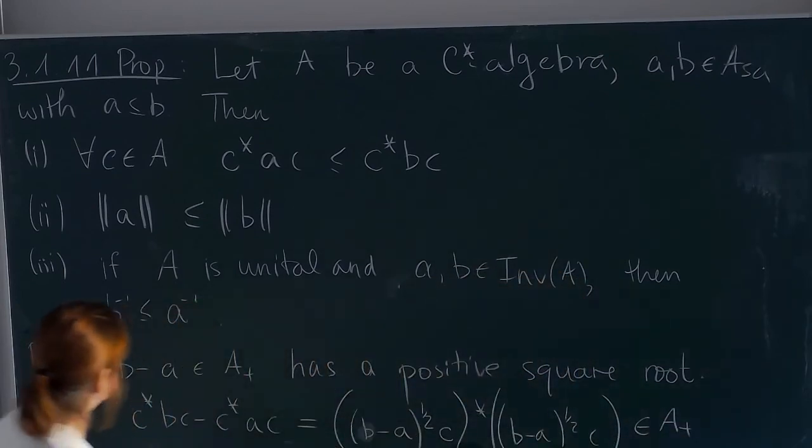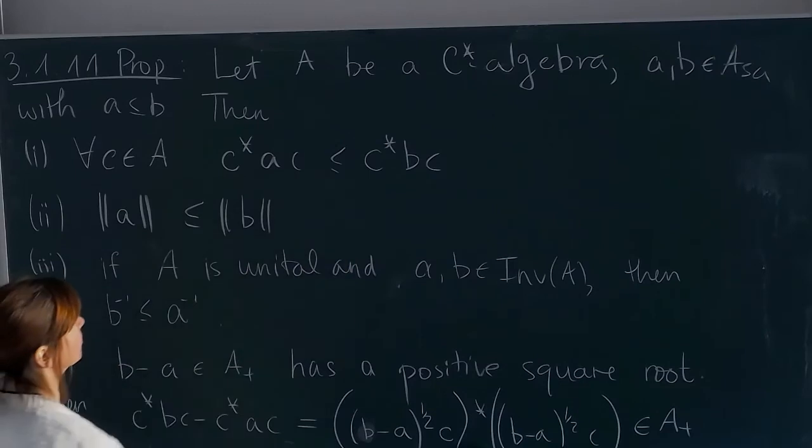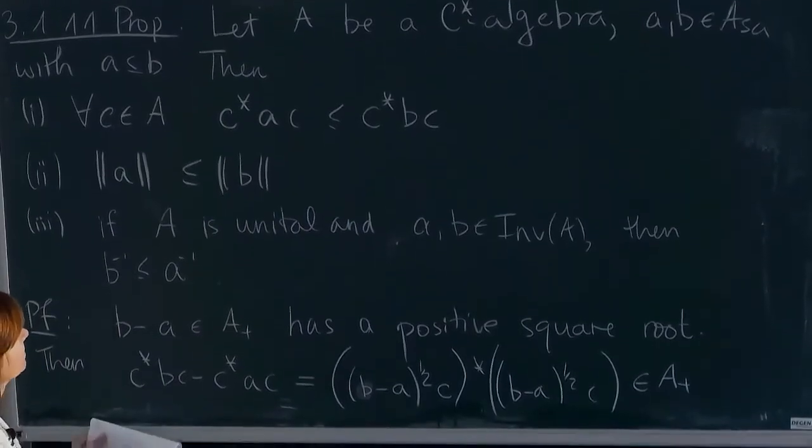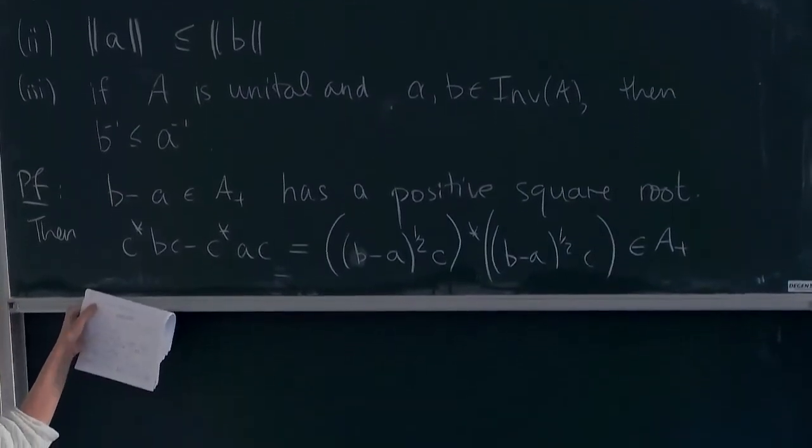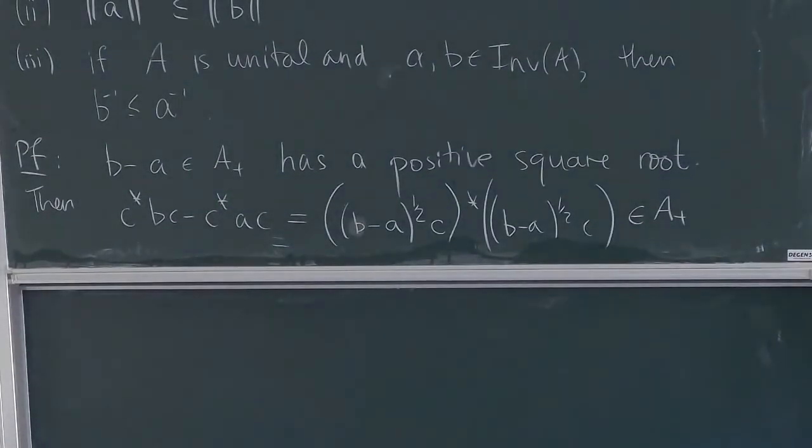So indeed, by definition of this relation, we have that C star A C is less than C star B C.